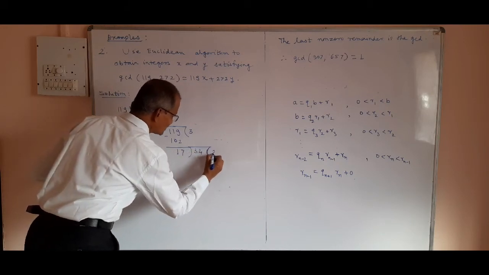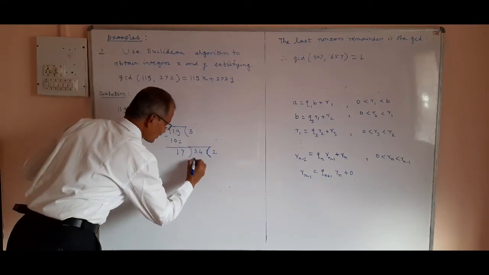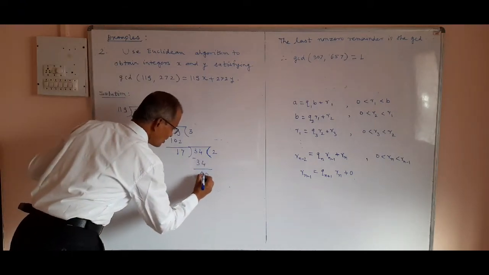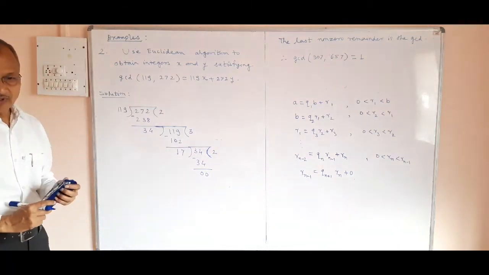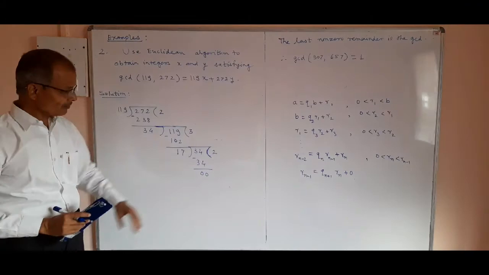The quotient is 2 and this is 34 itself, so the remainder is 0. When the remainder becomes 0, the division process stops. So this is the simple process: divide the greater number by the smaller, then divide by the remainder, and so on until we get the remainder 0.